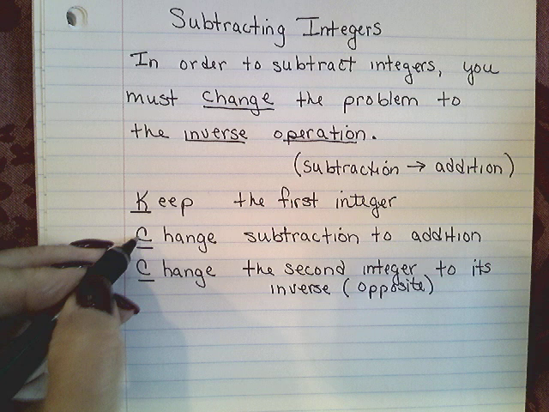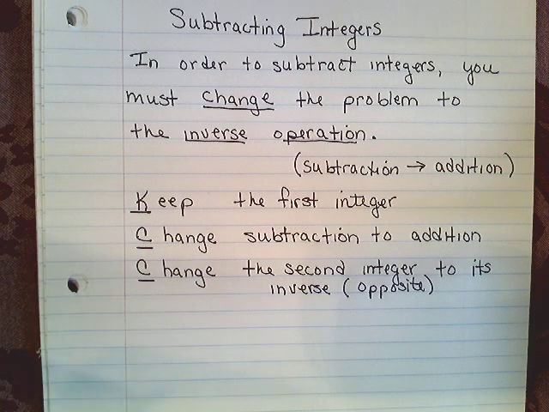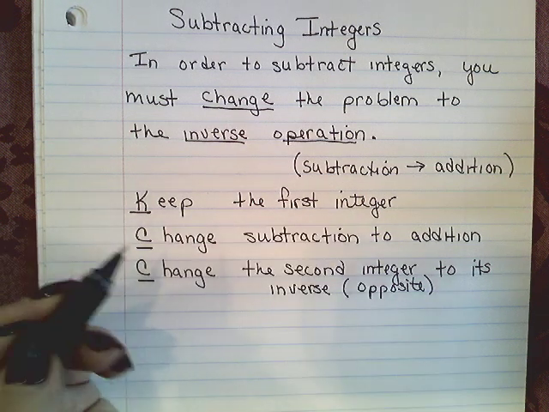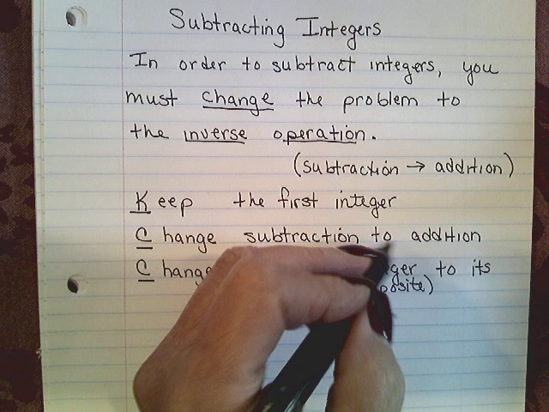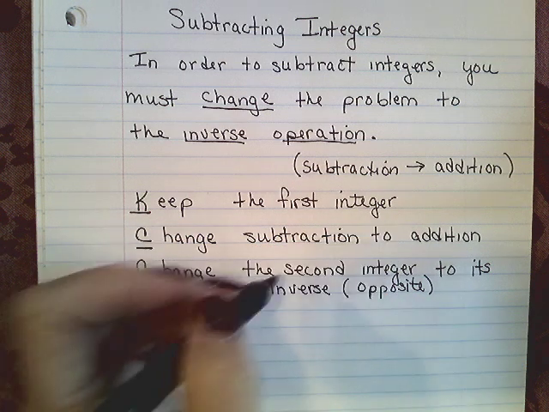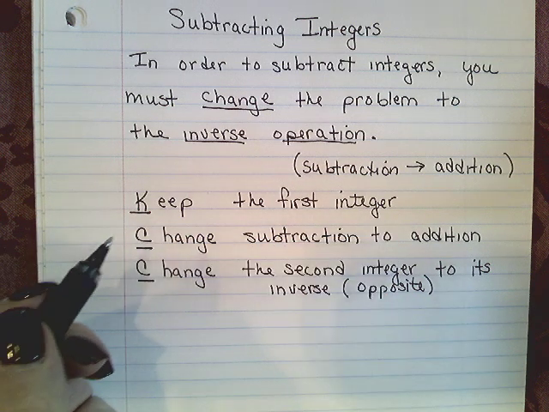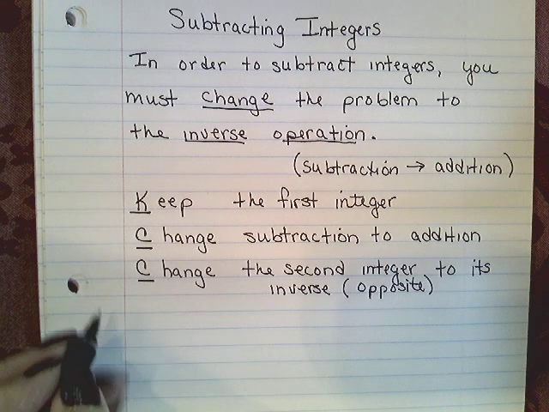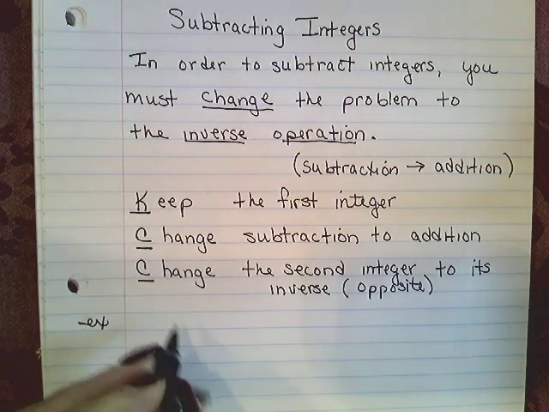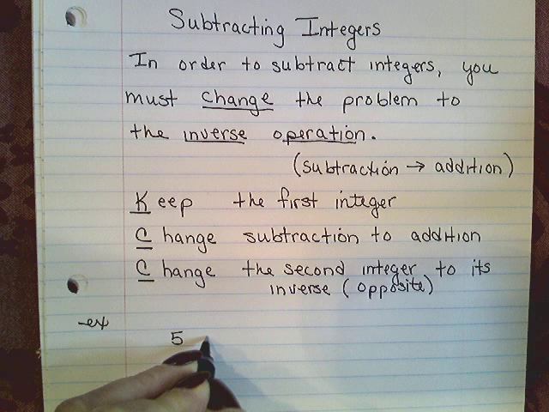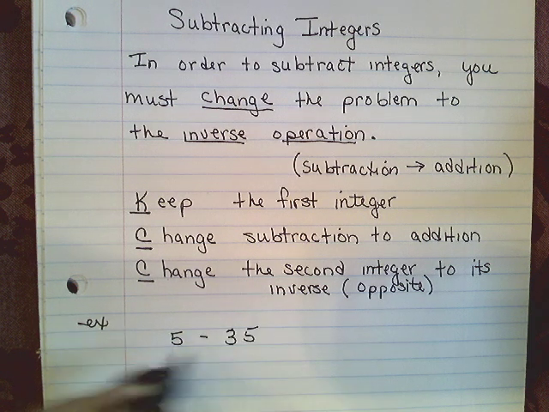So keep, change, change. But when you explain this to me, you're not going to say keep, change, change. You're going to say keep the first integer, change subtraction to addition, and change the second integer to its opposite or to its inverse. So for our examples, we have 5 minus 35.